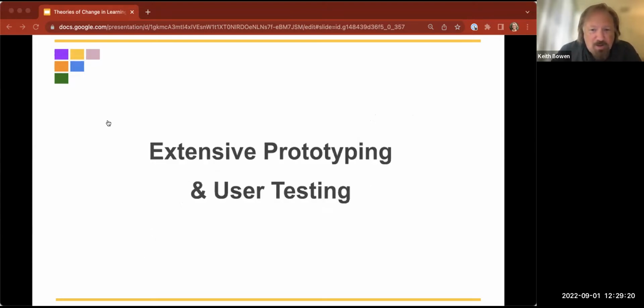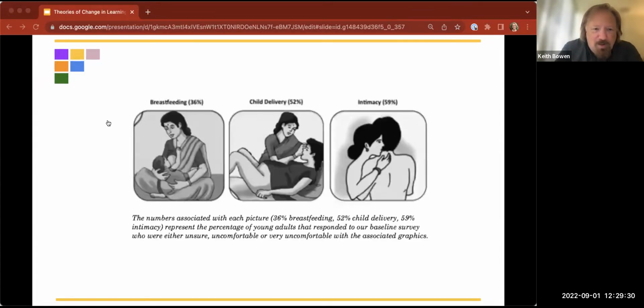It's worth taking a brief look at how they interrogated this theory of change in extensive prototyping and user testing. Here we see data about what kinds of imagery users found uncomfortable. They did many surveys about what kind of imagery was explicit enough to convey meaning, but not too explicit to offend.